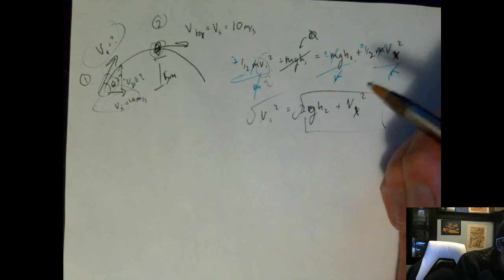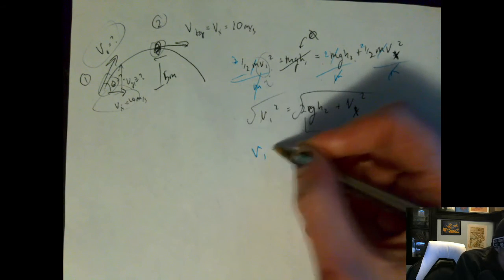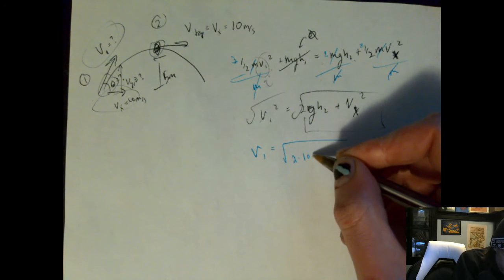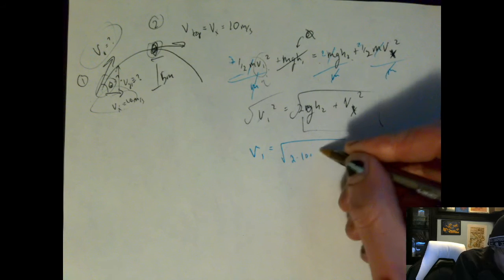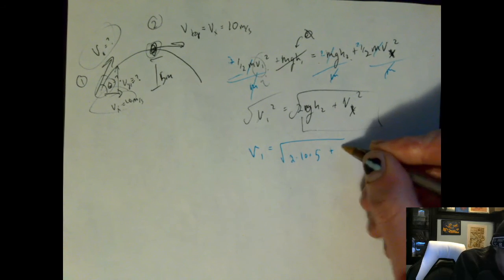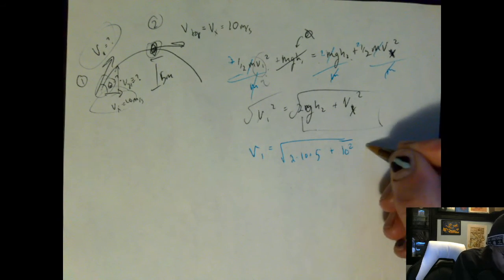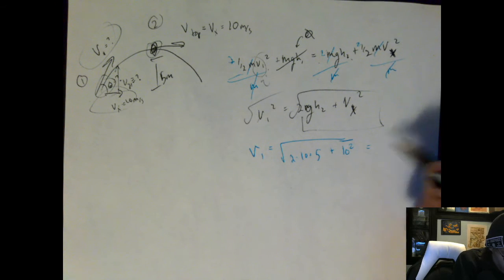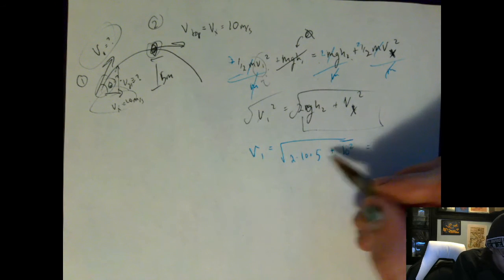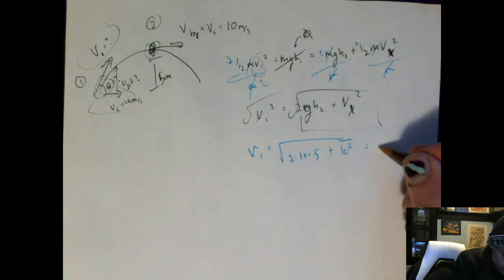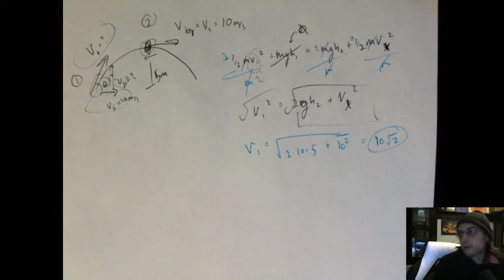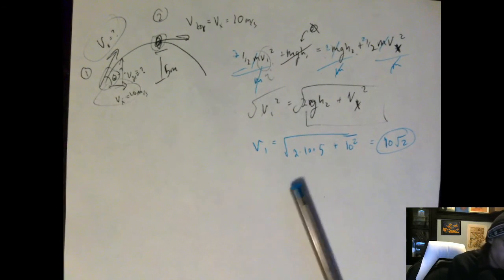So we've got that v1 is equal to the square root of 2 times 10 for g times our height, which was 5, plus our velocity of 10 squared, which will get us 100 plus 100, so 10 root 2 is our diagonal velocity at the beginning.